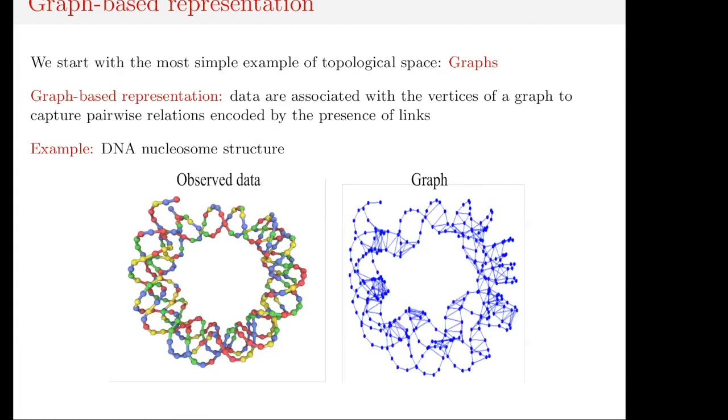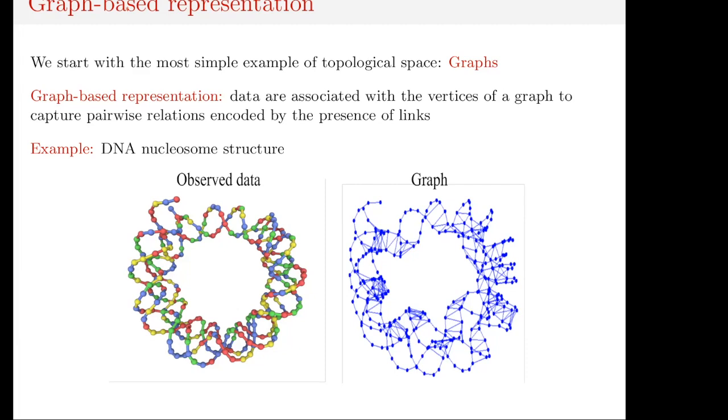To answer this question, we start from the simplest example of a topological space, the graph. In graph-based representation, data are associated with the vertices of the graph, and we have a link between two nodes if there is a pairwise relation between these two nodes.